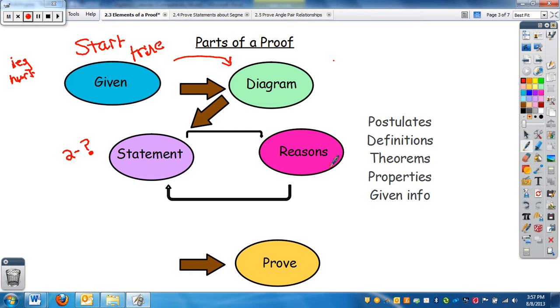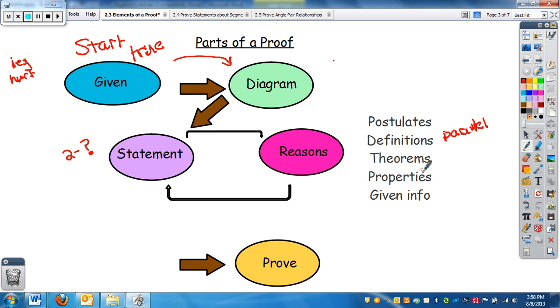Now, valid reasons are postulates that we have dealt with, and definitions, if you know the definition of something. For example, if you know the definition of parallel lines, you know parallel lines do not intersect. So you can use that definition to prove your point. You can say these two lines do not intersect. Well, why? Because by the definition of parallel lines, they are parallel.